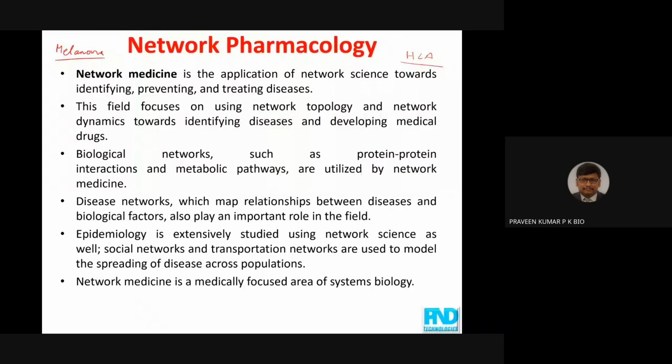So for this, one should know PPI, protein-protein interactions, then biological networks, the most important being protein-protein. And we should also know the metabolites. Even the metabolites produced can influence the treatment of diseases. So everything is important in the treatment of disease.